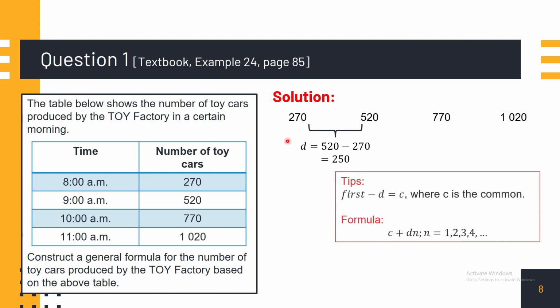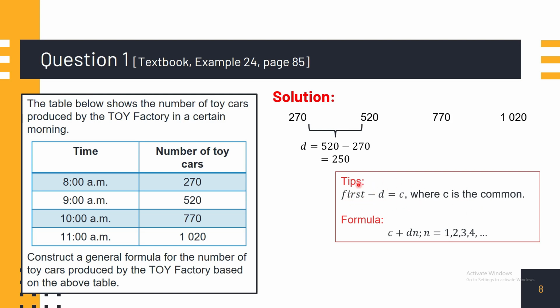Here is the trick: first minus d equals c, where c is the common. To generate an inductive conclusion, we must find the common, right? That's why we say that c is the common.